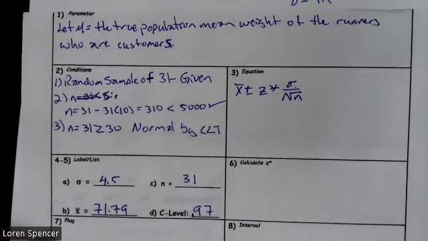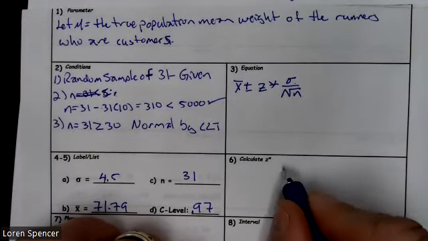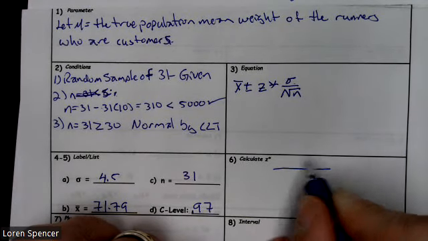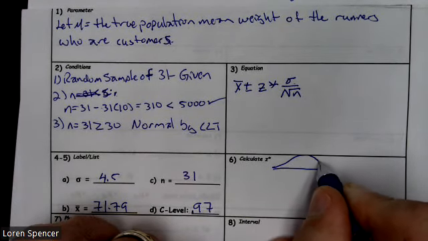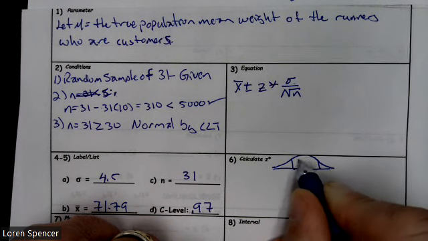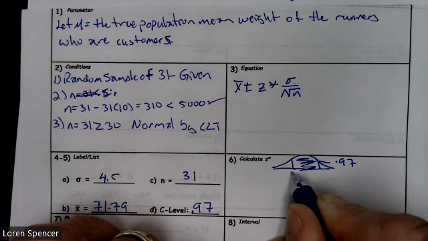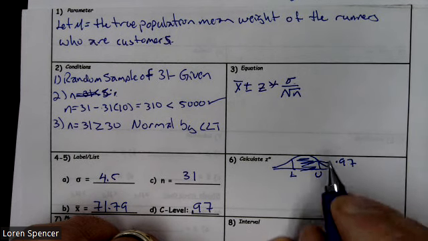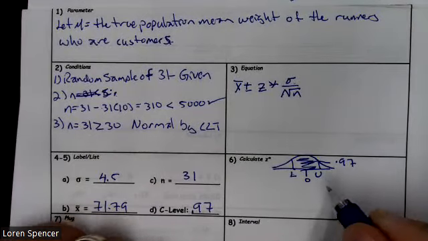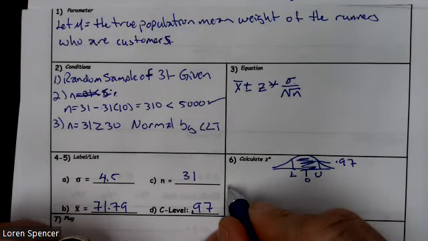The next thing asks us to calculate z star. So we probably need to be drawing a picture. This area right here is 0.97, and this is my lower, and this is my upper. My mean is 0 because it's a z-score.